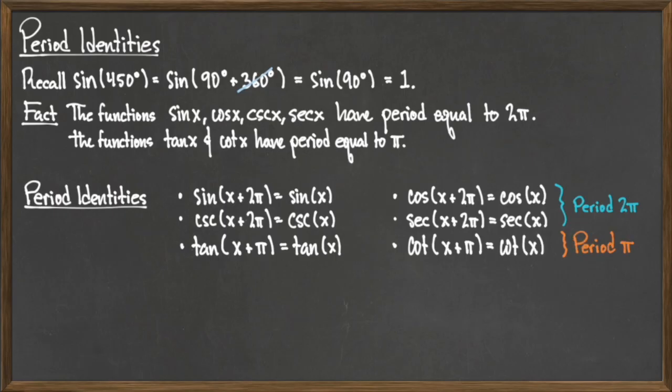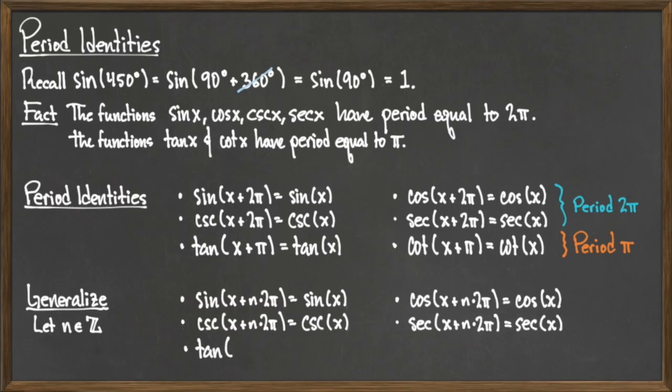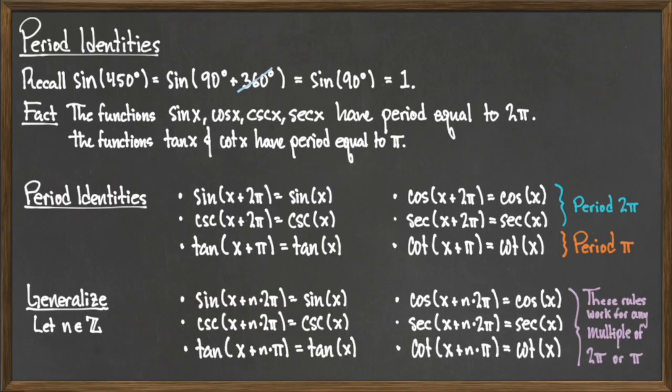Next, we can talk about the tangent and the cotangent function, but the identities for these work as follows. Tangent of x plus pi equals tangent of x, and cotangent of x plus pi equals cotangent of x. Because these functions have a shorter period, it's all additions of pi itself that vanish. And these period identities actually do generalize. So if I let n be any integer, then I get the following representations.